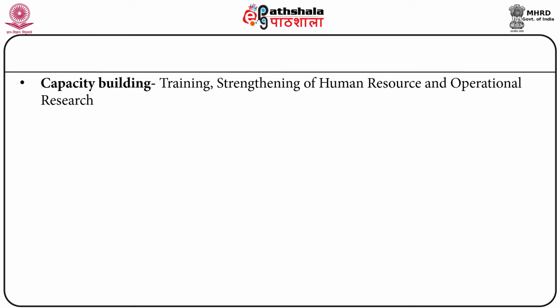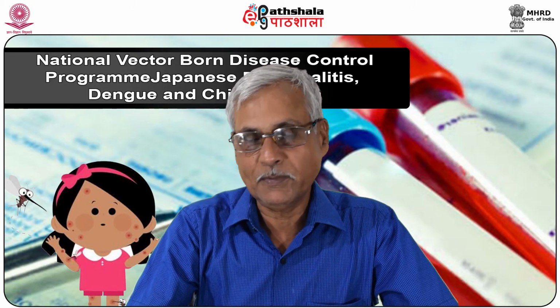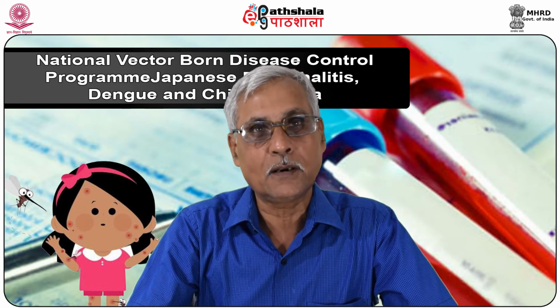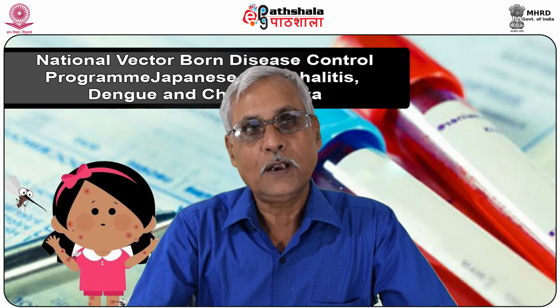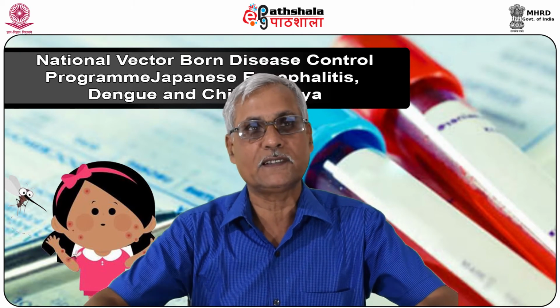And in order to implement the legislative framework properly, the government's will in this direction is desired. Certainly, behavioral change communication, social mobilization, and IEC is an important component, particularly before environmental conditions become very conducive for this.